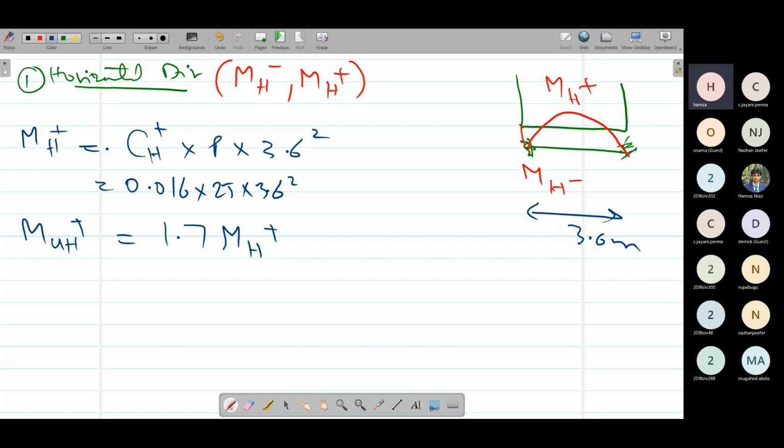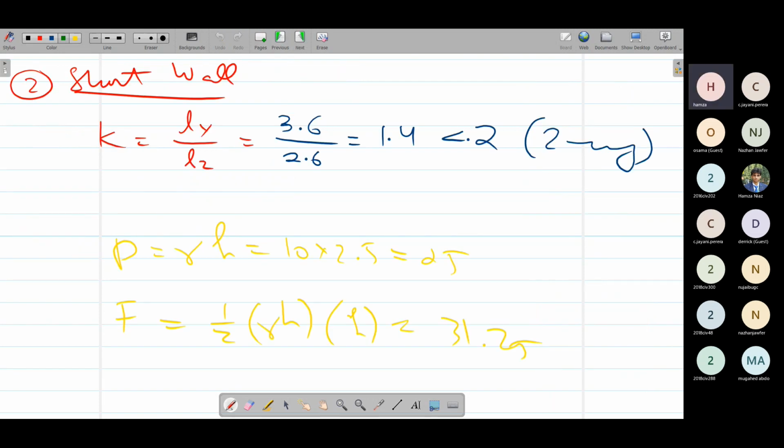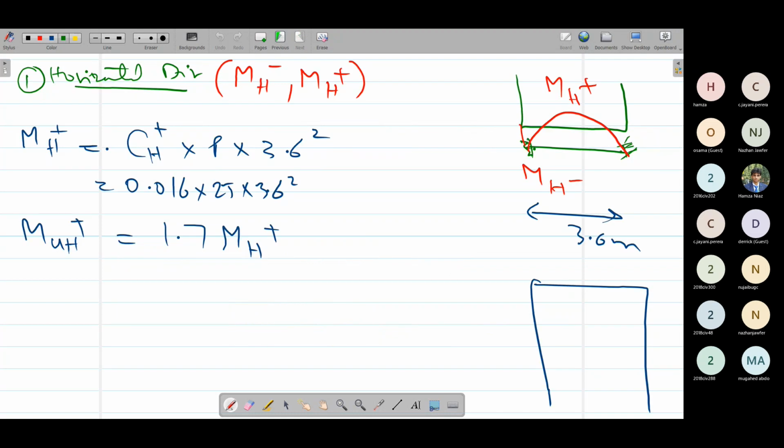Now after that we are going to need the d value for the design of steel. So the d value is like this for horizontal steel. Like this is our retaining wall. So we are going to provide this horizontal direction steel because this short wall is 3.6 meters.